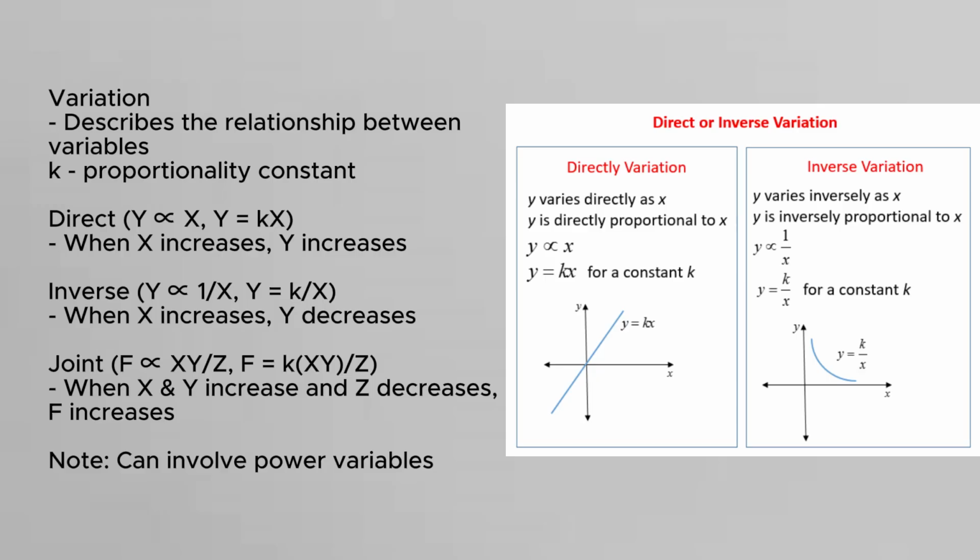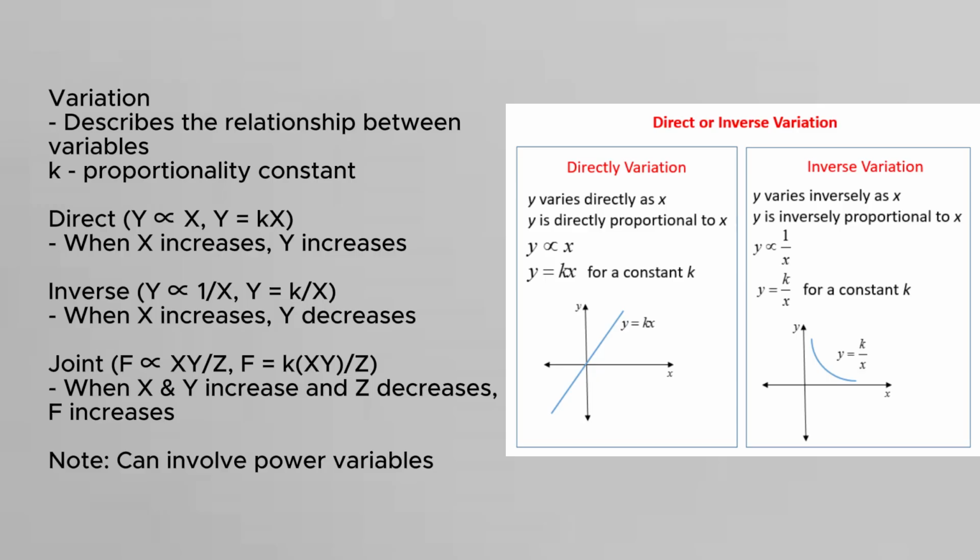So if x increases by 2 times, y increases by 2 times. As for inverse variation, if x increases by 2 times, y decreases by 2 times. And if you look at the graph on the right, direct variation is a straight line through the origin, whereas inverse variation is a hyperbola if it is y against x.